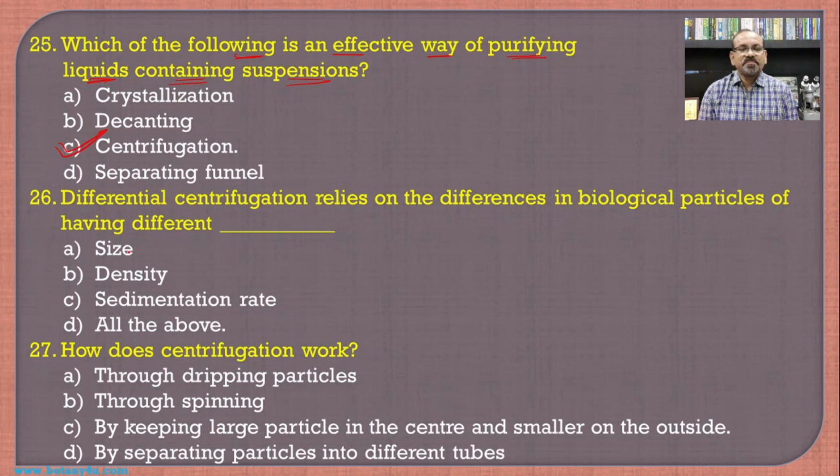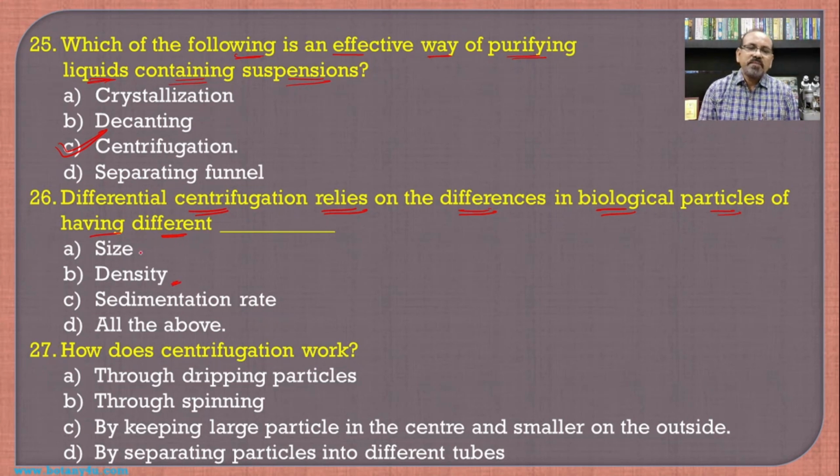The differential centrifugation relies, as we have seen earlier, on differences in the biological particles having different density. We have seen that the different cell organelles present in the plant as well as the animal cell have different density, and because of that we can separate them with the help of differential centrifugation, and hence the density is one of the answers.